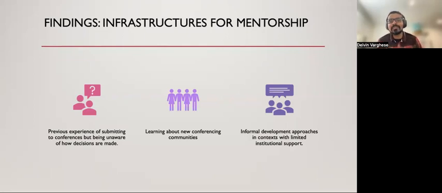One of the opportunities that this brings is new insights in addition to the insights they're learning in their local context. And this also builds informal development approaches. So there might be formal opportunities for professional development in a local institutional setting, but the additional benefit of something like Shadow PC is the additional informal approaches that this gives.